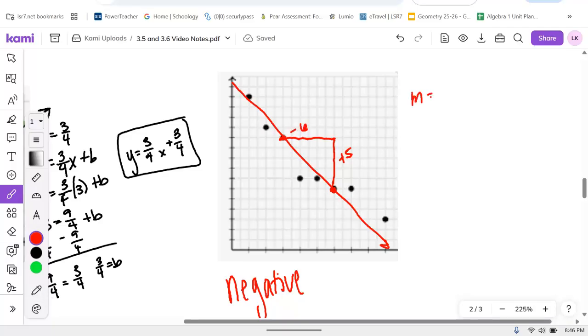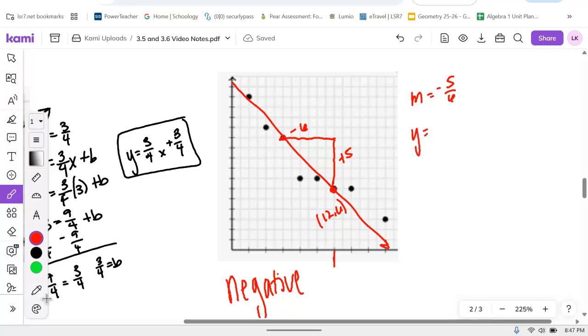So my slope is -5/6. I'll use this point, which is 12, 6.